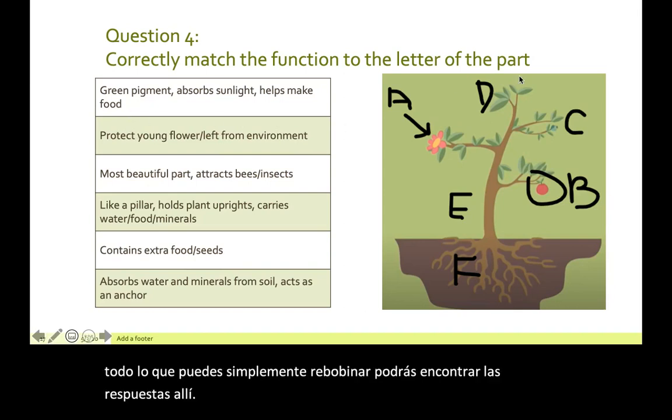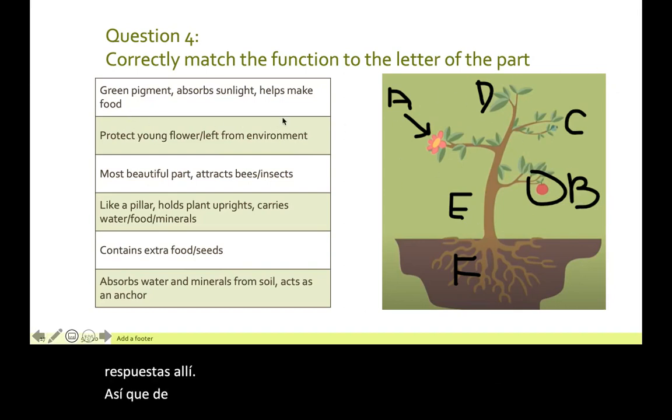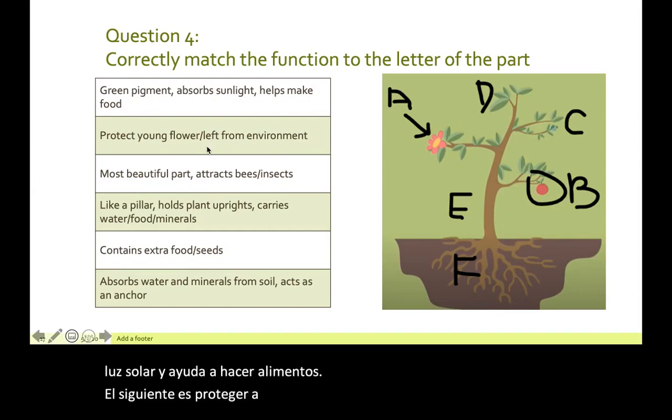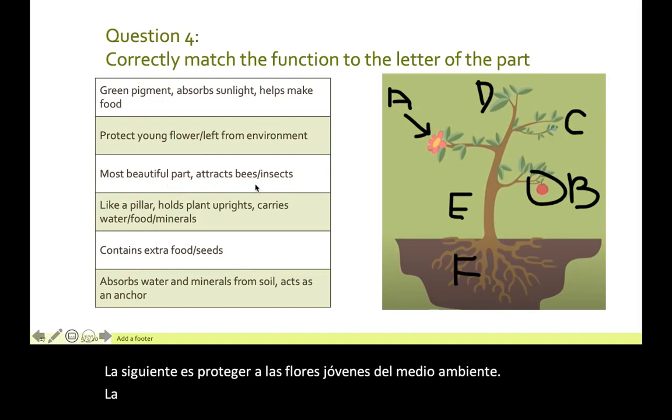So, which of these parts of a plant is a green pigment, absorbs sunlight, and helps make food? The next one is protects young flower from environment. The most beautiful part attracts bees and insects.